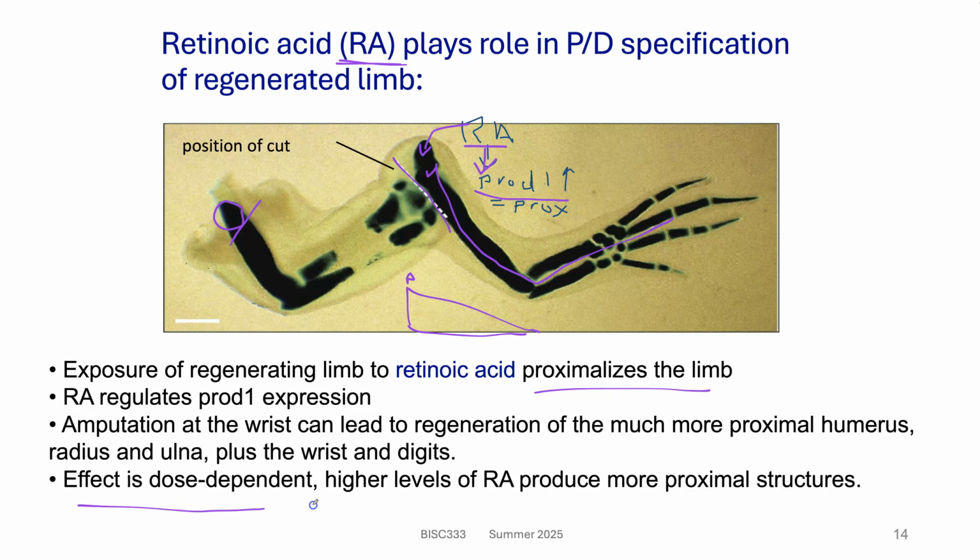And this is a definite dose-dependent effect. If you only put about half as much retinoic acid, you might still get more proximal structures, but they would be further down. And if you had just a tiny bit, you might only get a little bit of extra wrist or something like that. And if you don't treat it at all, of course, you only get the structures that are missing.